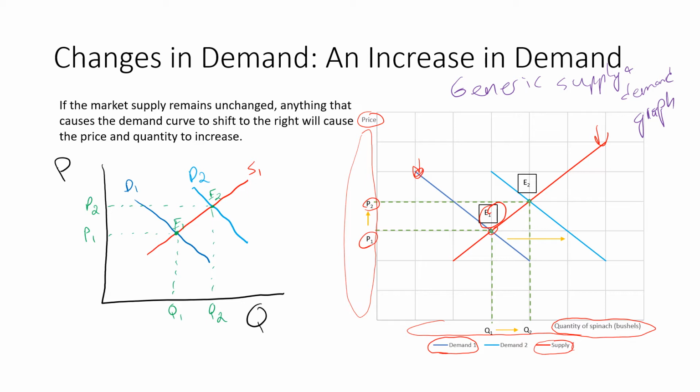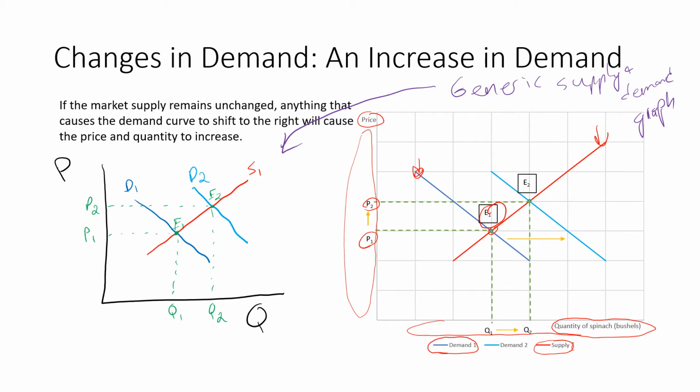This here then is a generic supply and demand graph, but it is very useful to plot out what's going to happen to price and quantity when we have movements of either supply or demand. So the next couple of graphs are going to be these computer generated ones like I've shown here, and then I'm going to go ahead and draw some of these.